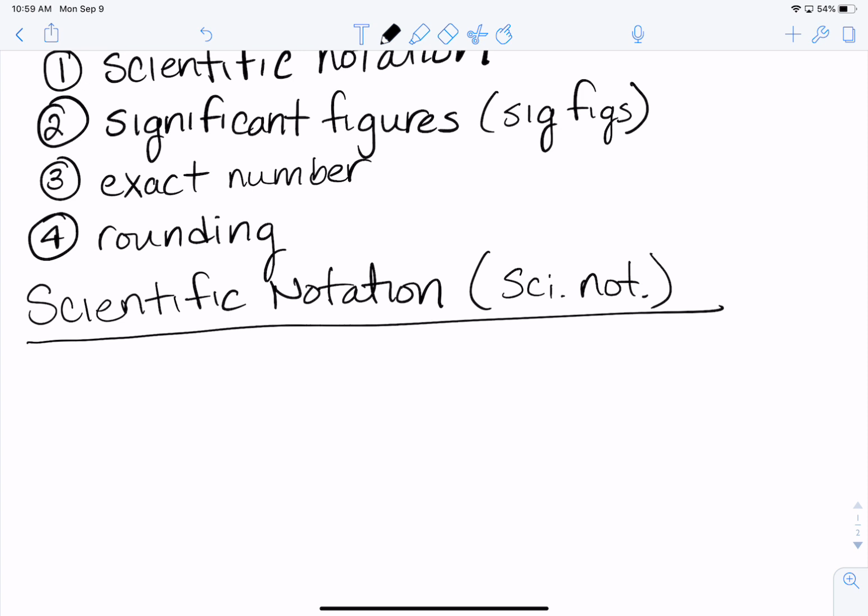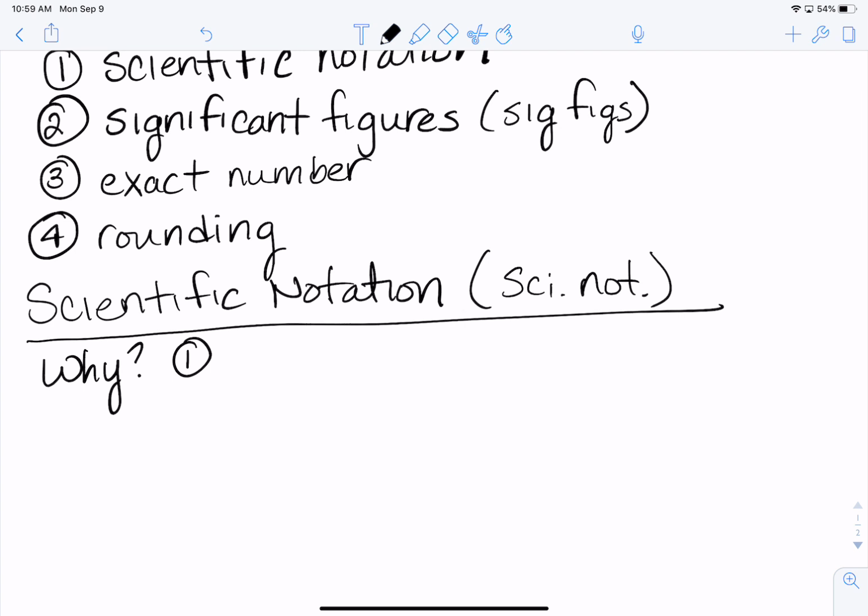So scientific notation, why the heck do we do it? There are really 2 reasons. So one, it is easy for huge numbers and itty-bitty numbers, like if we're trying to communicate them.